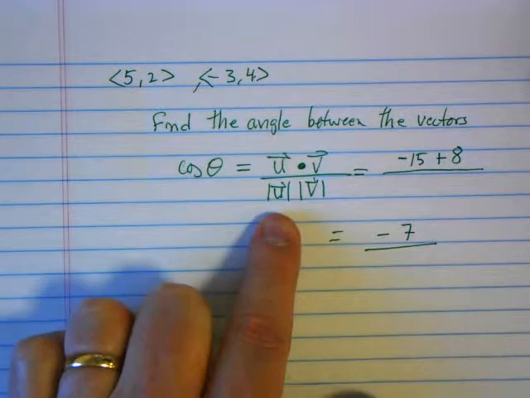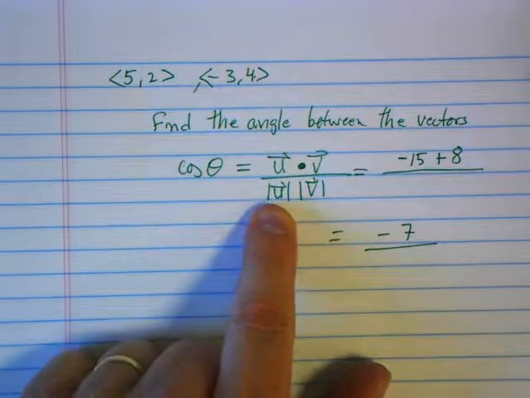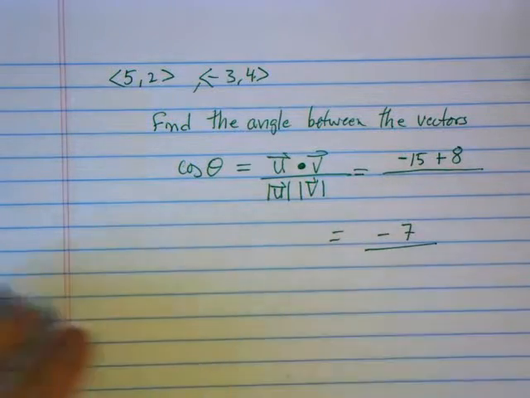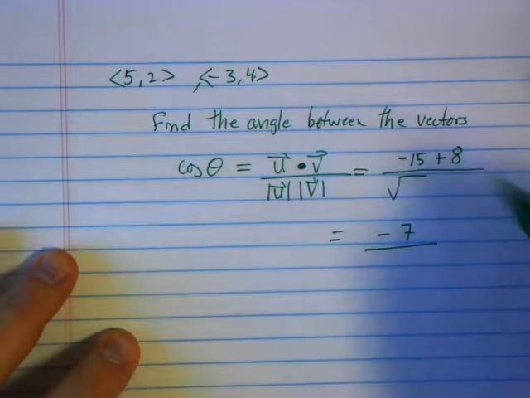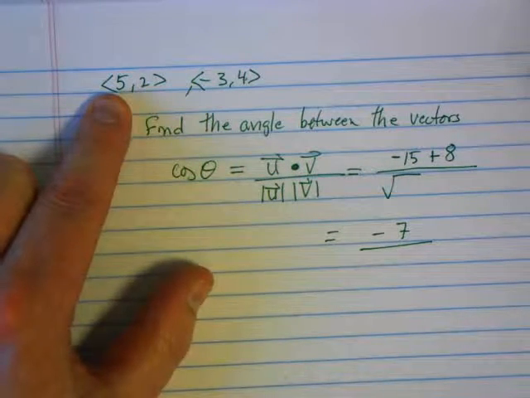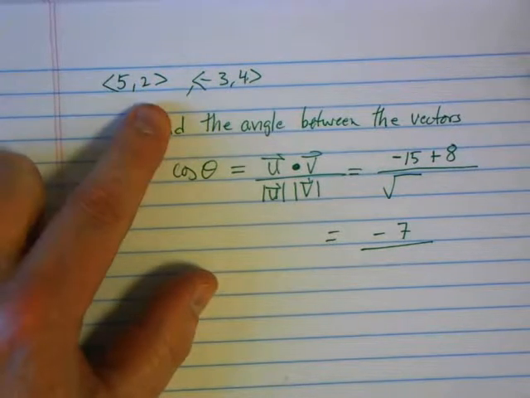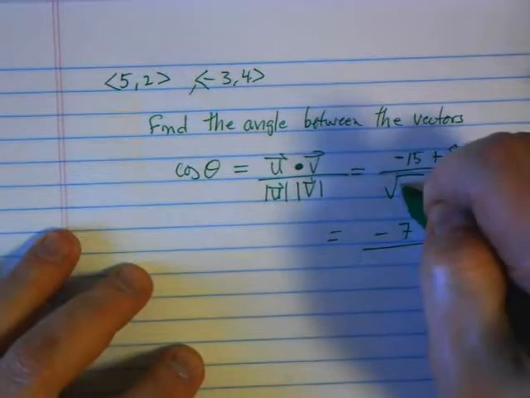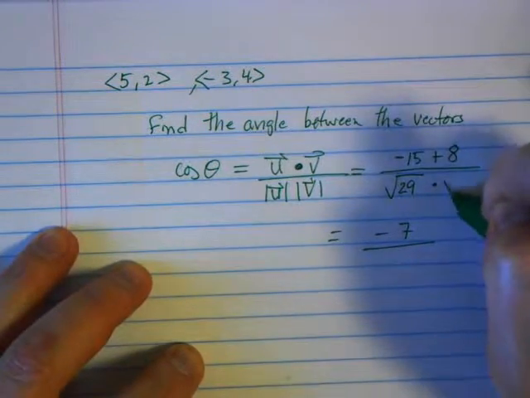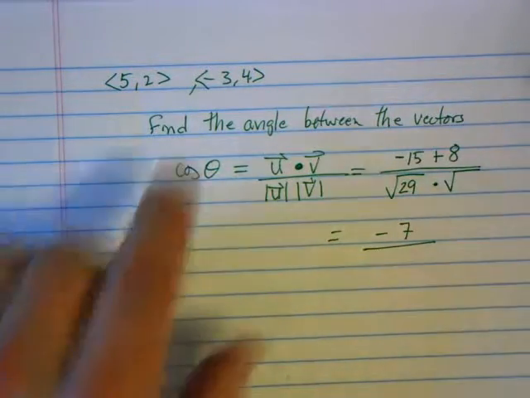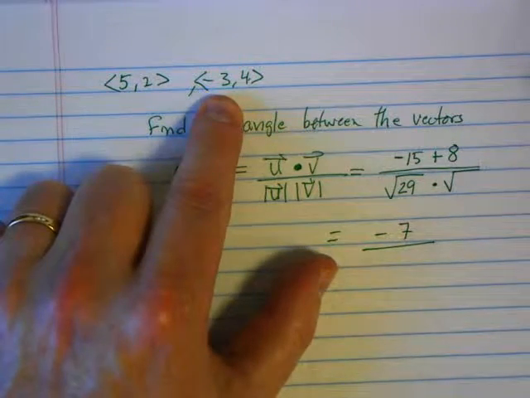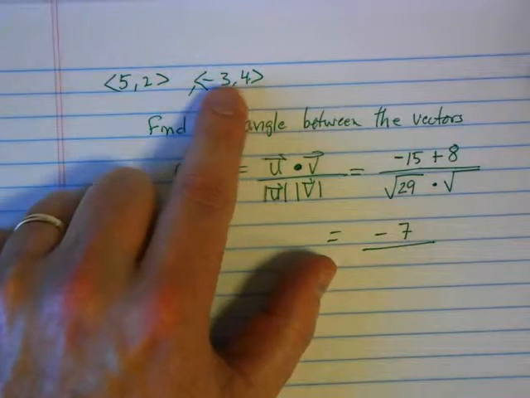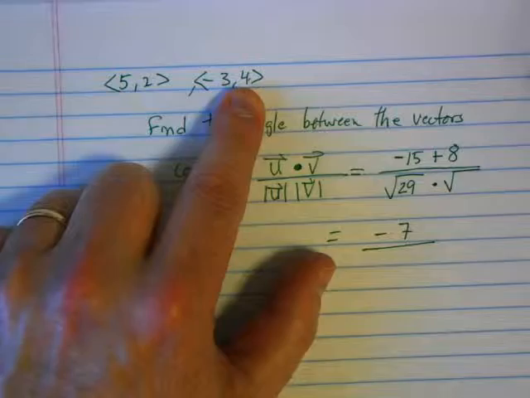How do I find the length of u? I do the square root of 5 squared plus 2 squared, and 25 plus 4 makes 29. And for the length of v, I do the same thing: 3 squared plus 4 squared, 9 plus 16 is 25.